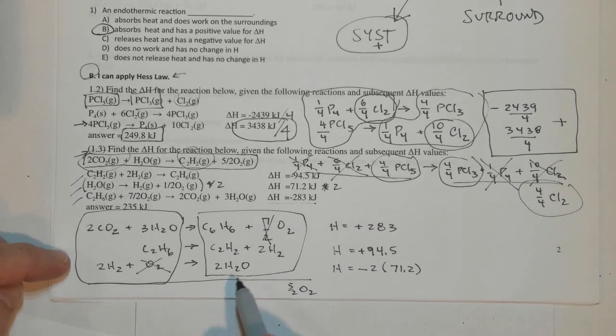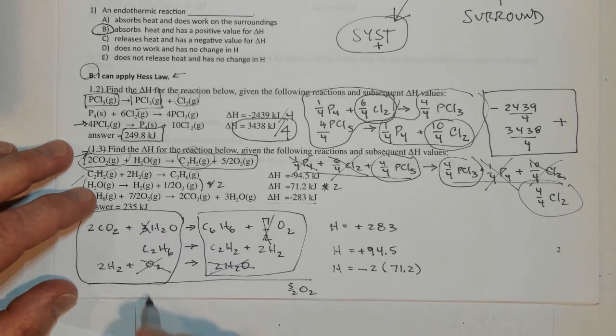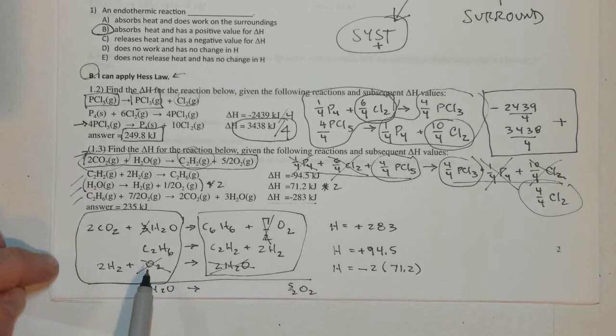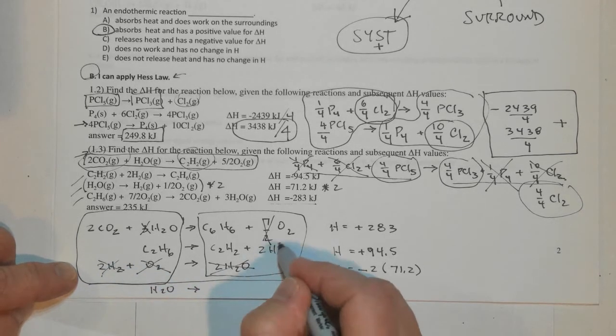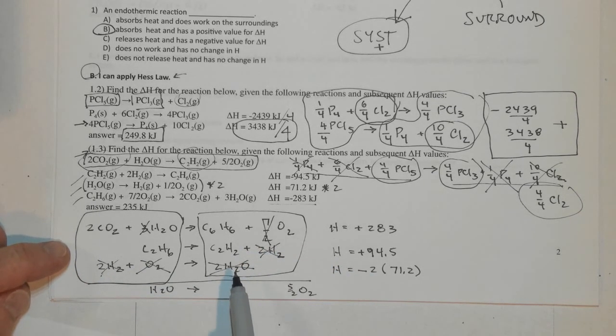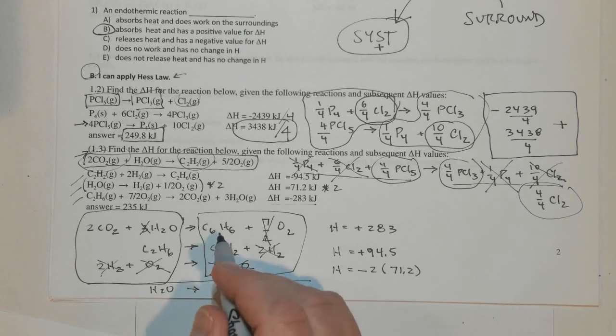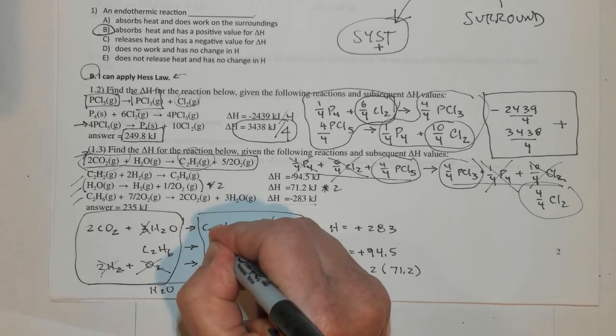And then you'll notice that I have 2 H2Os right here, and that would cancel with 2 of them here, and so I'd just end up with an H2O on this side. And then the other species that would end up canceling out are my 2H2 right here and my 2H2 right here. And then the last thing, oh, I think I wrote this first, let's see, this CO2 reaction, H2O, this is supposed to be C2H6.